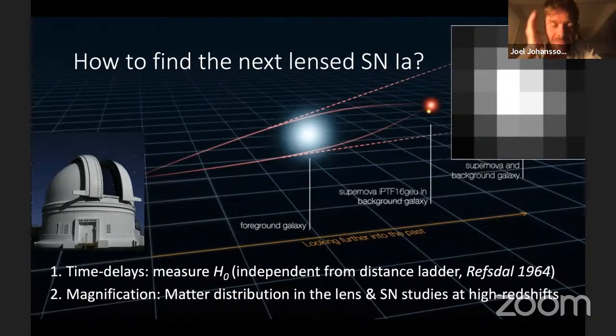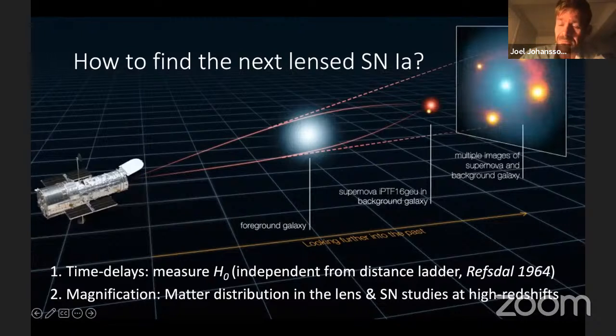And when we got a spectrum of that, it looked like a normal type 1a supernova, except that it was at a high redshift, otherwise unfeasible for the Palomar Transient Factory. So when we got Hubble images with high resolution, we could identify these multiple images of a supernova.